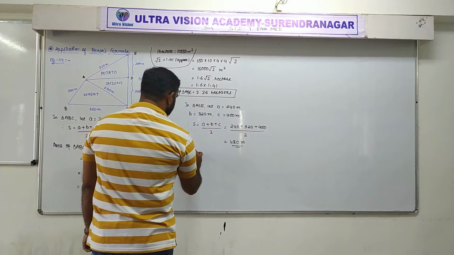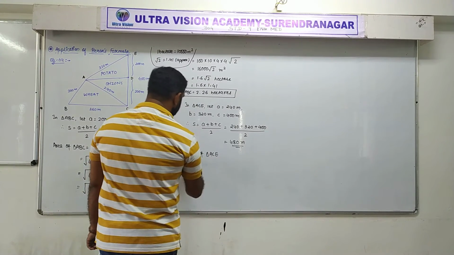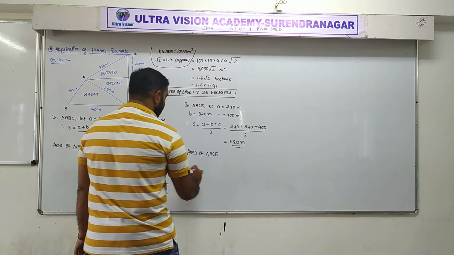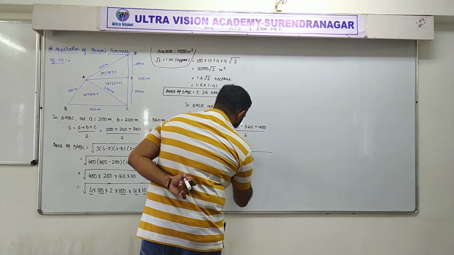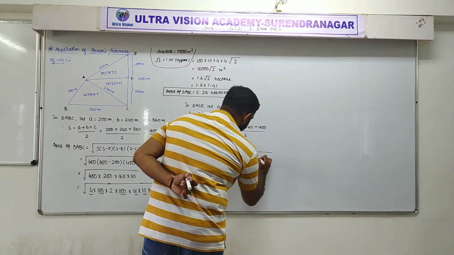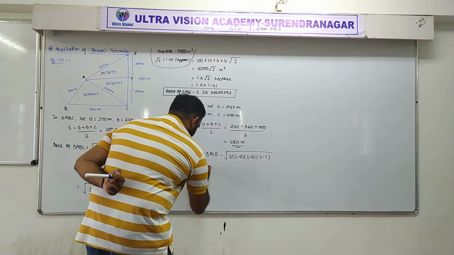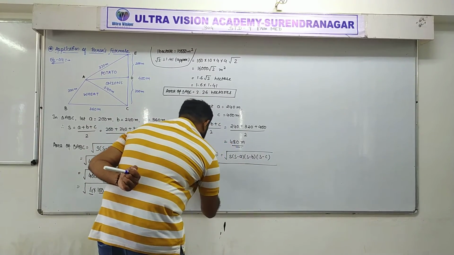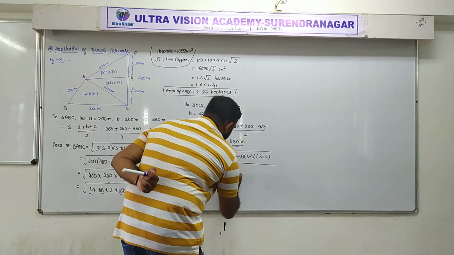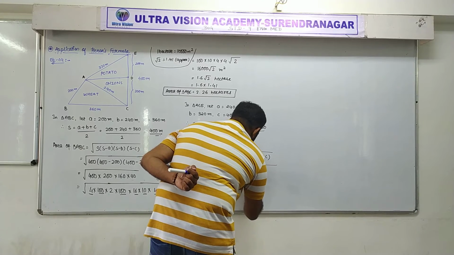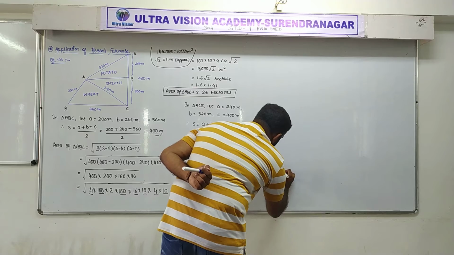Now we shall find the area of triangle ACE, again using Heron's formula. Let us apply the values. 480 into (480 minus 240) into (480 minus 320) into (480 minus 400).